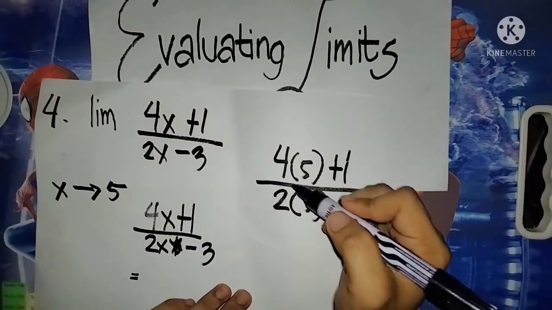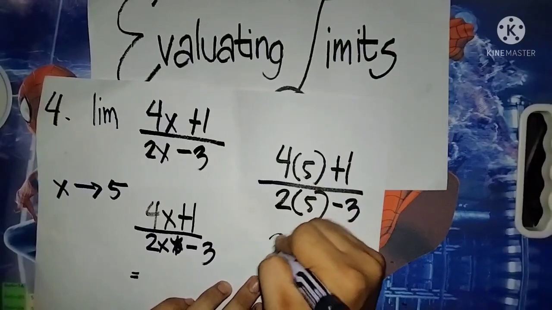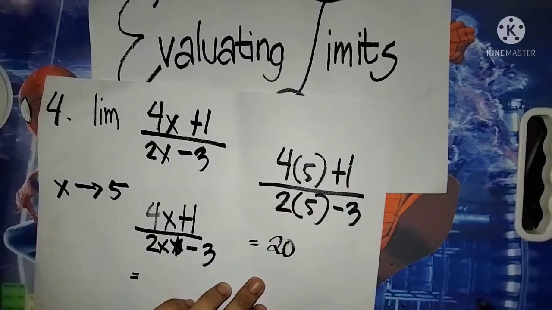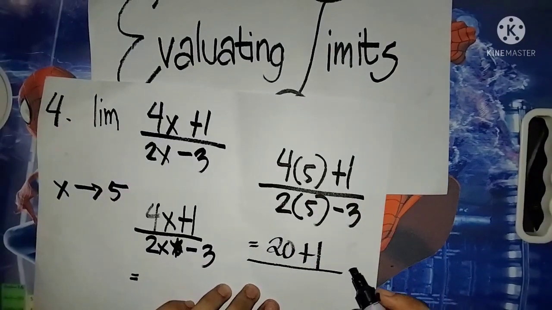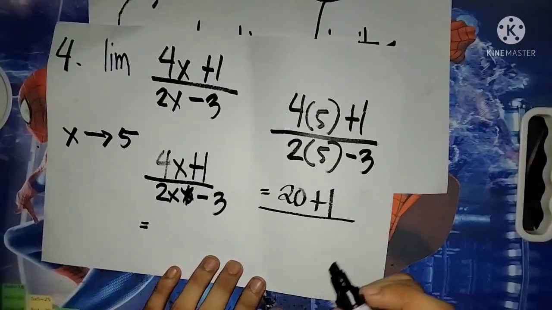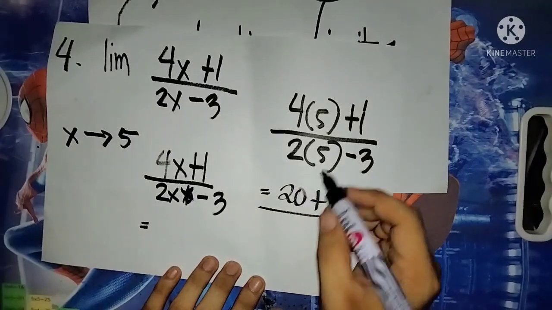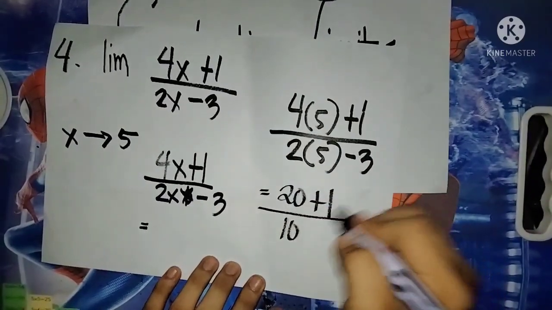So 4 times 5 is equal to 20, plus 1. And 2 times 5 is 10, minus 3.